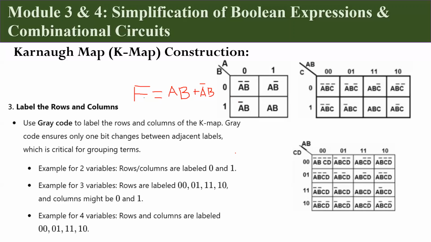Remember, the min term is what we are plotting. This is the function I want to minimize. So what will I do? Where will I put 1 now? Yes, I'm listening. Unmute yourself and speak.